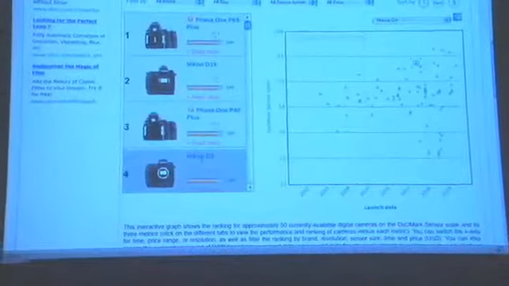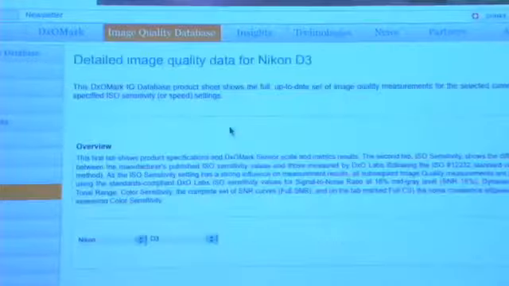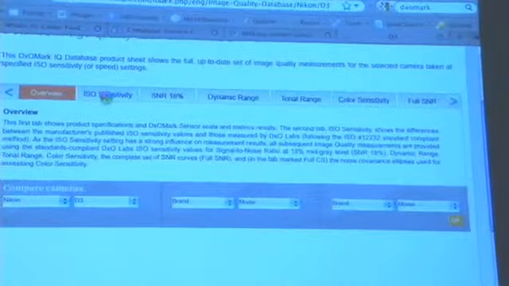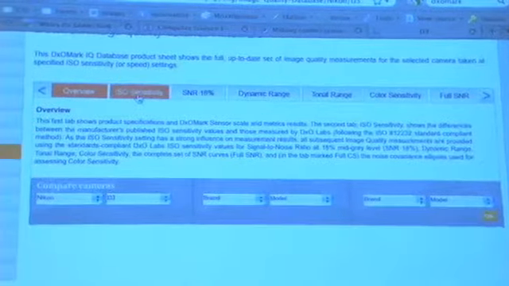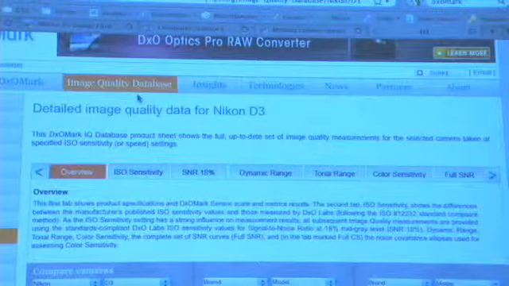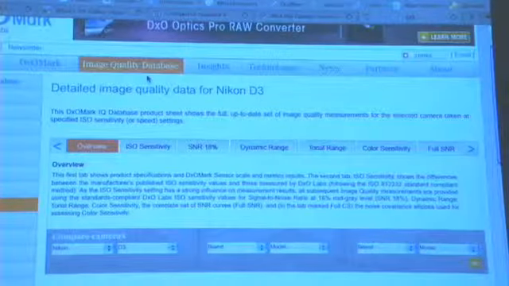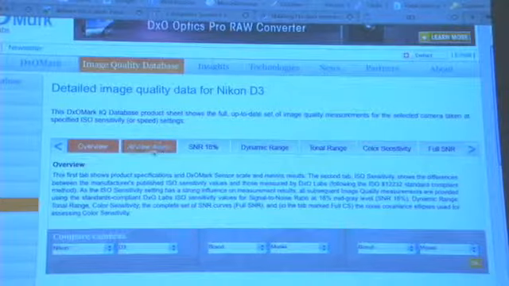I'll just pick, let's see, this Nikon, for example, and they measure a number of things about these particular sensors, including the dynamic range, how sensitive they are to light, how good their performance is in terms of color and in terms of ISO sensitivity.